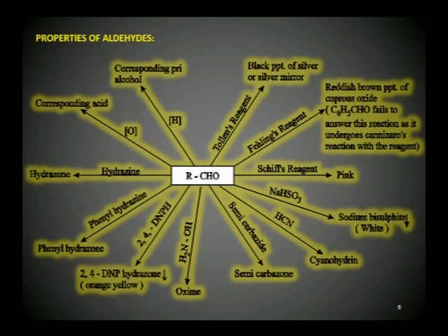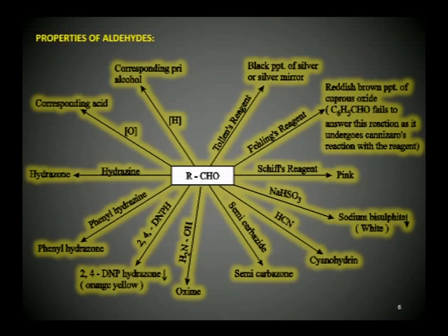In the same way, when aldehydes are treated with hydrogen cyanide, cyanohydrins are produced. With semicarbazide, semicarbazone is produced. When aldehyde is reacted with hydroxylamine, oximes are produced. When an aldehyde is treated with 2,4-dinitrophenylhydrazine, we produce 2,4-dinitrophenylhydrazone, an orange-yellow precipitate, also called an orange crystalline precipitate.